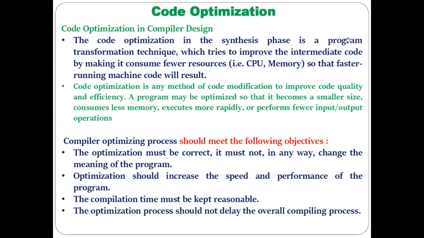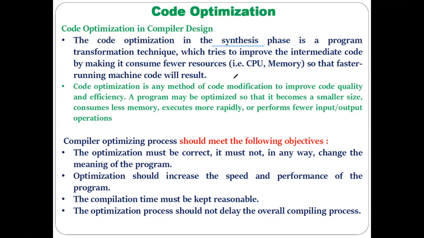Code optimization is nothing but a particular technique in the back end of the compiler, a part of the synthesis phase of the compiler, where we rearrange the code or modify the intermediate code.